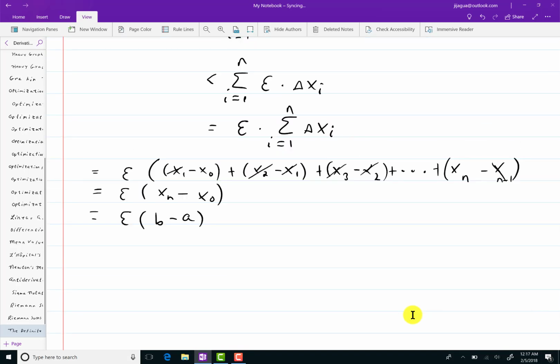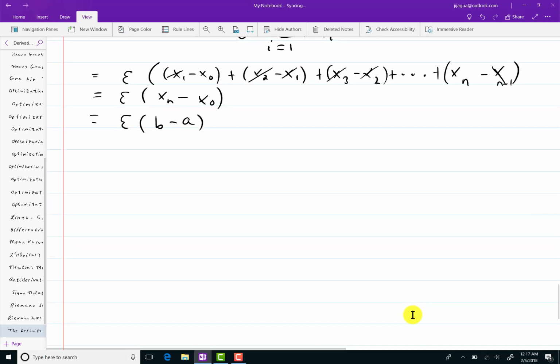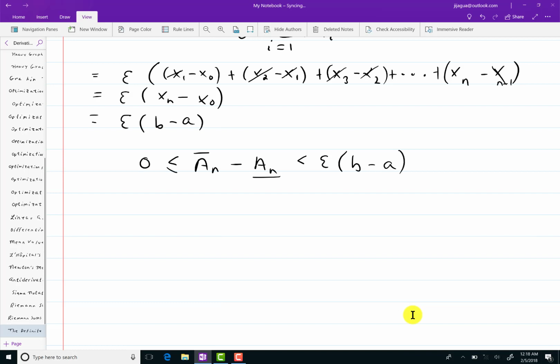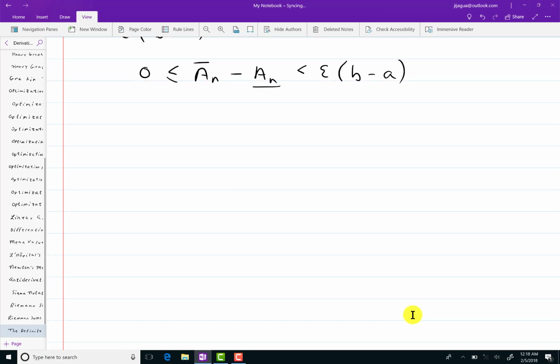So, what do I have? I have a n bar above minus a n bar below is less than epsilon times b minus a. And of course, that is greater than or equal to 0. What I could have done this whole time is specified epsilon to be something that is going to 0.